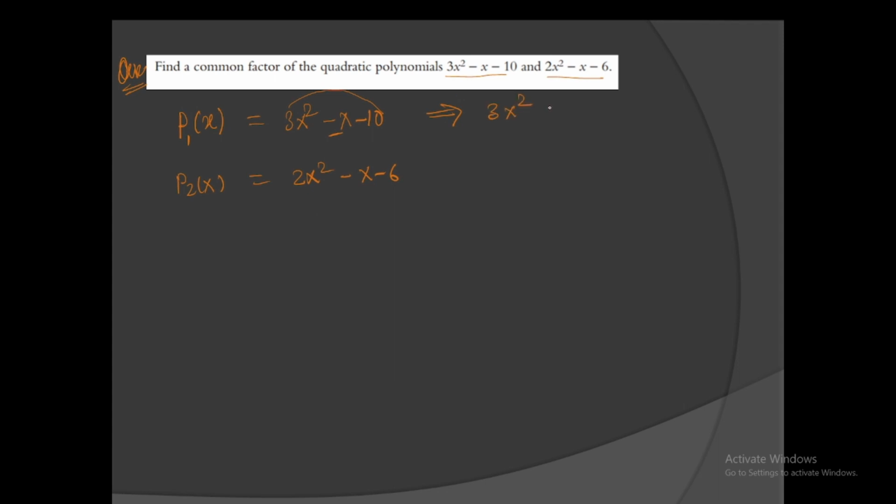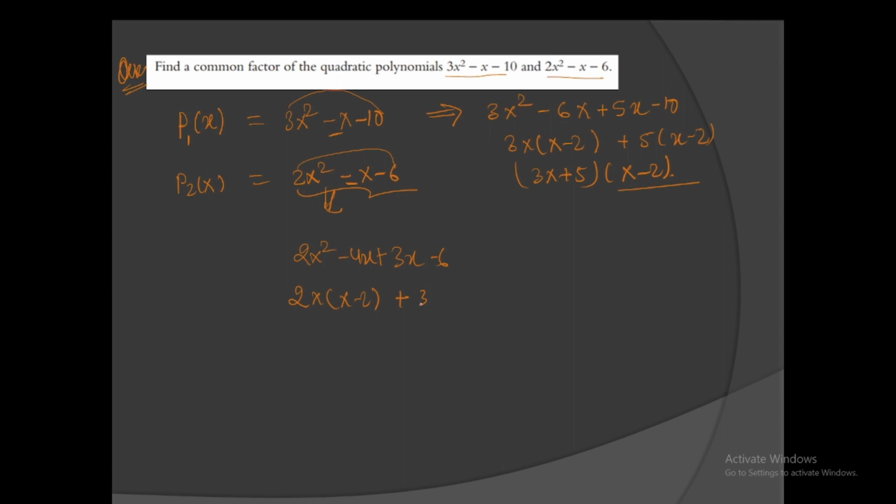So it is 3x square minus 6x plus 5x minus 10, which is 3x plus 5 into x minus 2. Factorizing the other, the product needs to be minus 12 and the sum minus 1, so this is x plus 3 into x minus 2.